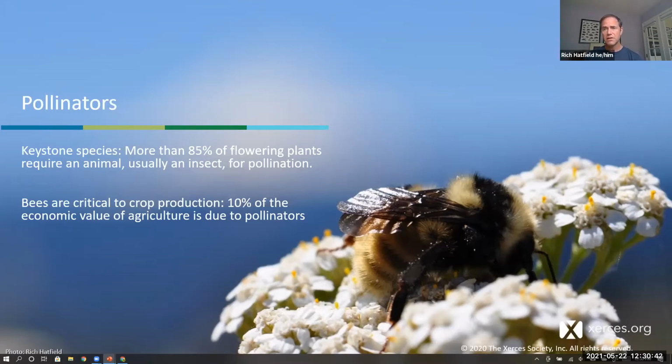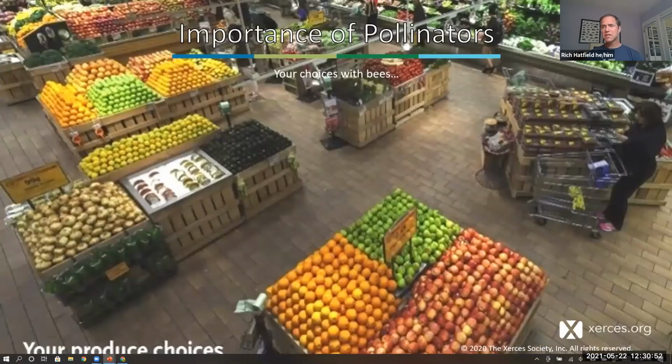So pollinators are incredibly important for not just feeding us, but also for feeding a lot of other animals and for helping those plants to reproduce. And just to give you some sense of what this looks like from a practical scale, this is what a grocery store looks like. This is actually a Whole Foods produce department on a natural or average Saturday.